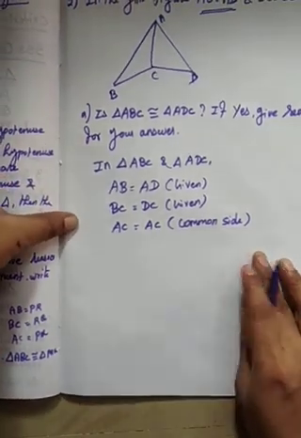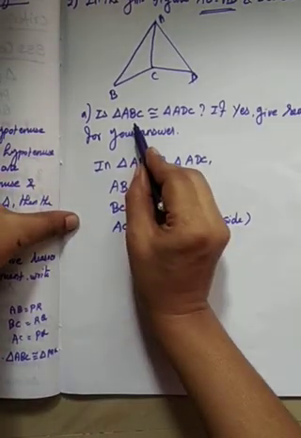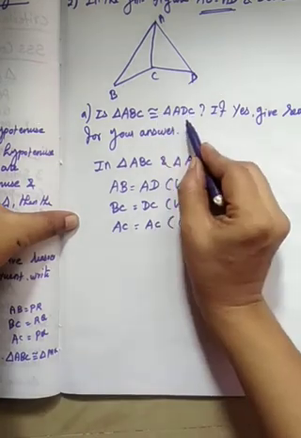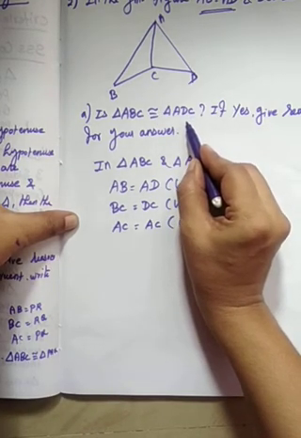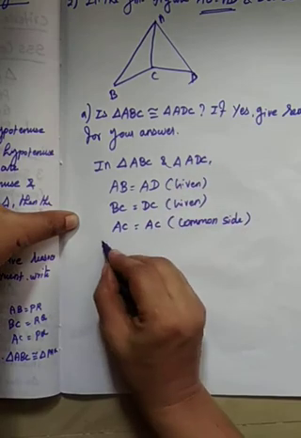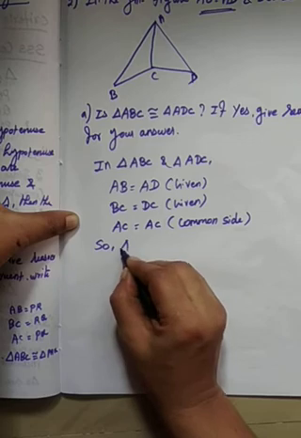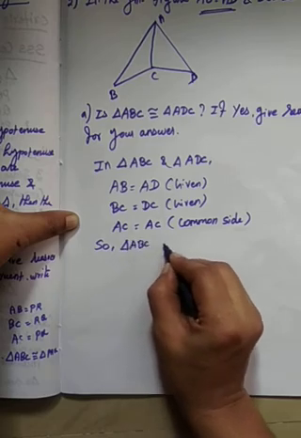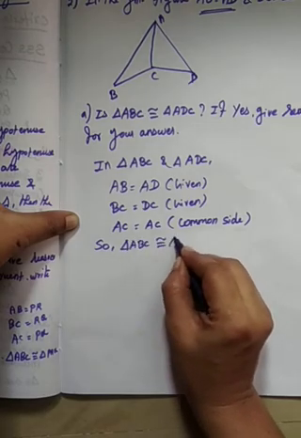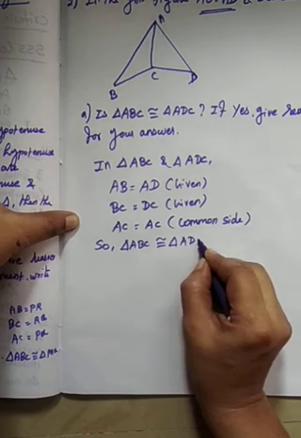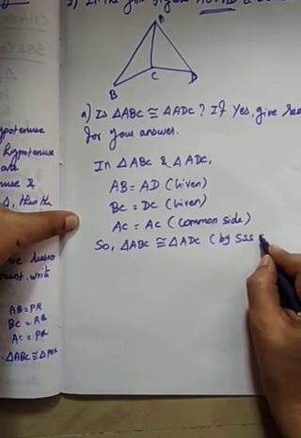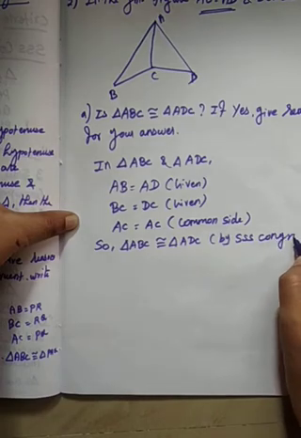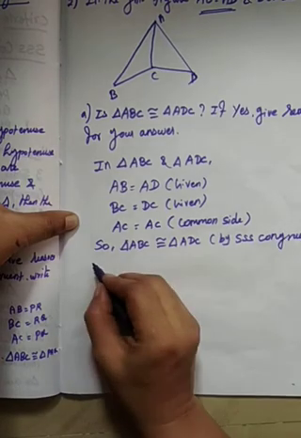Clear? So triangle ABC is congruent to triangle ADC by triple S congruence criterion, because the three sides are equal. So simply we can say triangle ABC is congruent to triangle ADC by triple S congruence criterion.